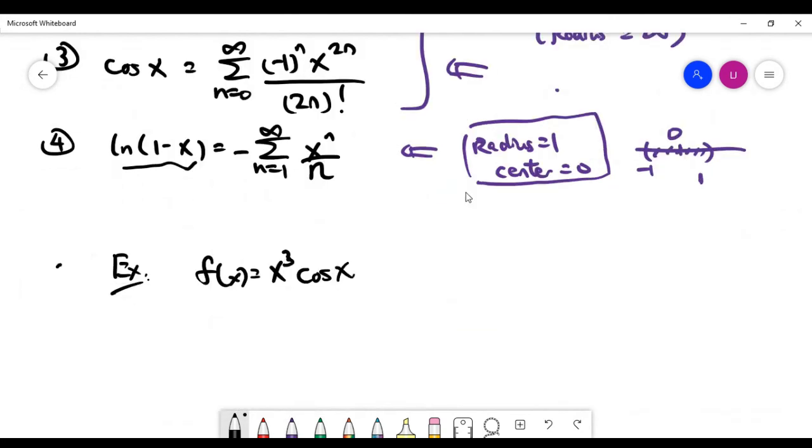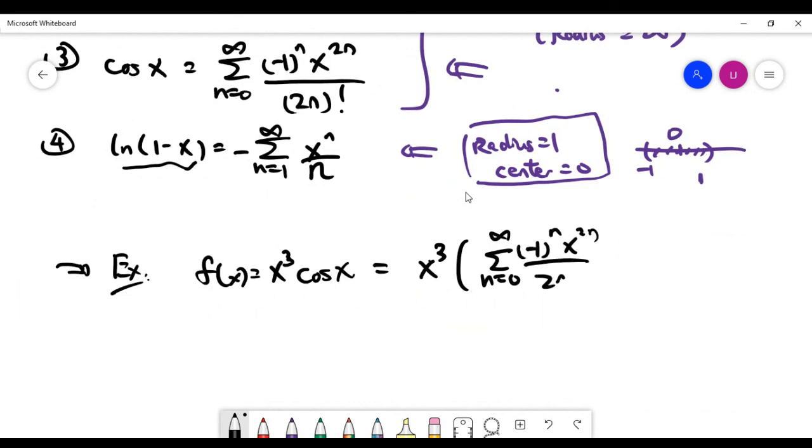For example, as a quick example, now you can look at the function x cubed times cosine x. Because we know that cosine x has a very nice power series, as I stated in the top line, you see. So the power series for this function is not that easy to obtain if you insist on using the Taylor series, because you have to find all these derivatives.